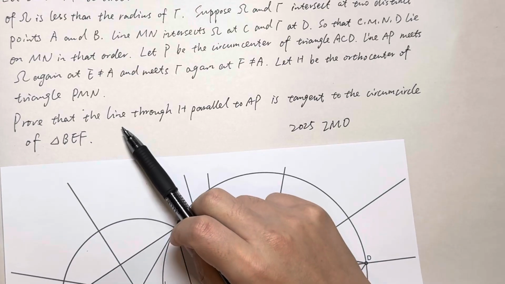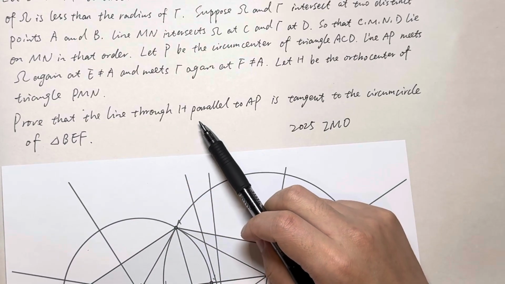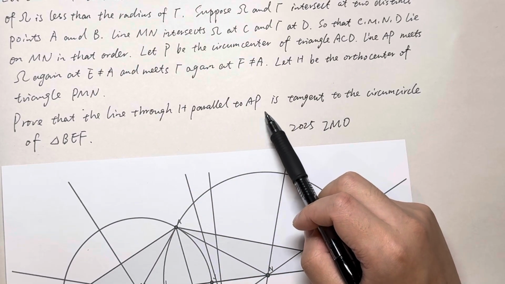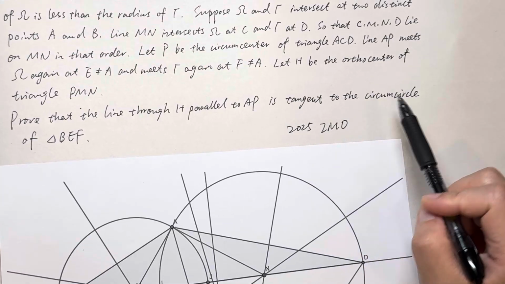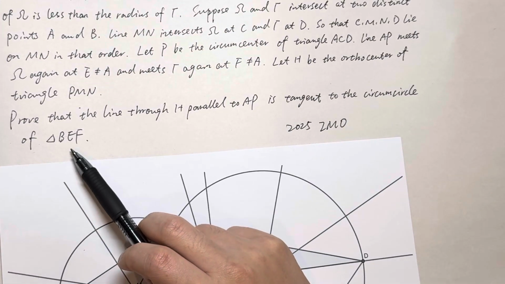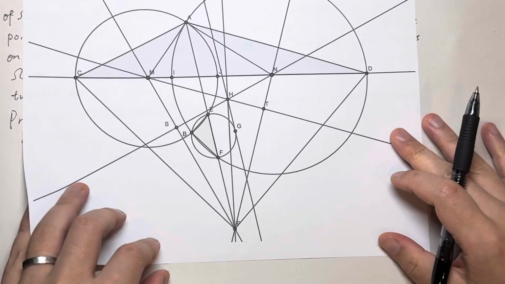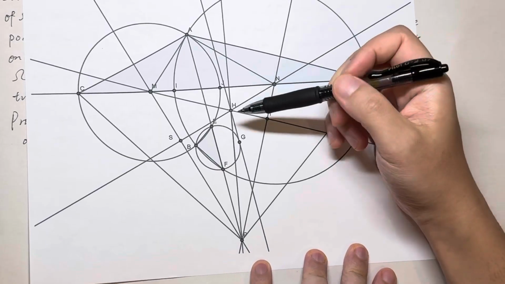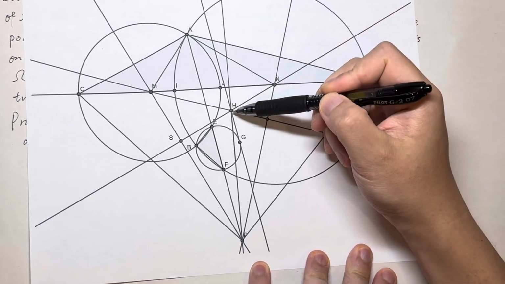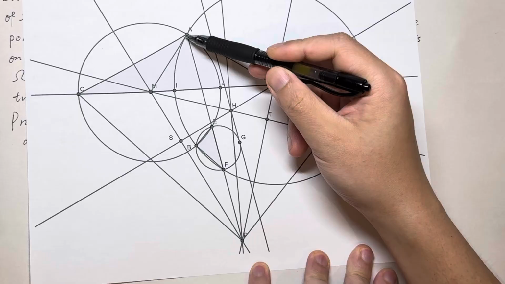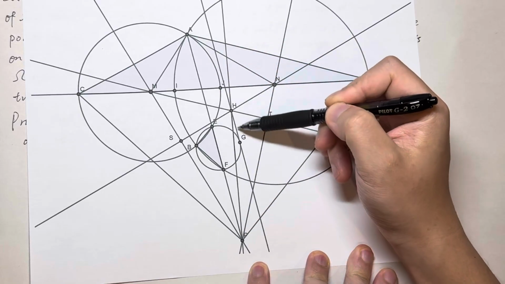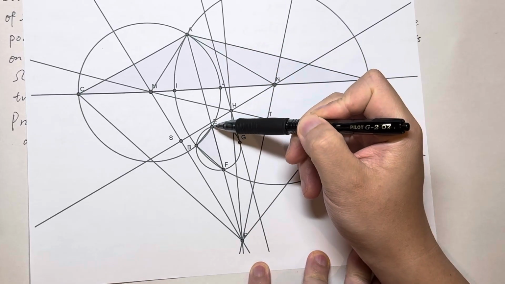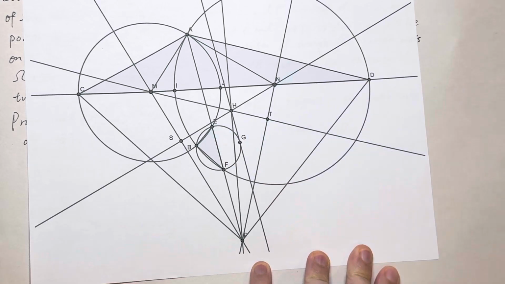Prove that the line through H parallel to AP is tangent to the circumcircle of triangle BEF. So we want to prove that a line passing through H and parallel to AP is tangent to the circumcircle of triangle BEF.